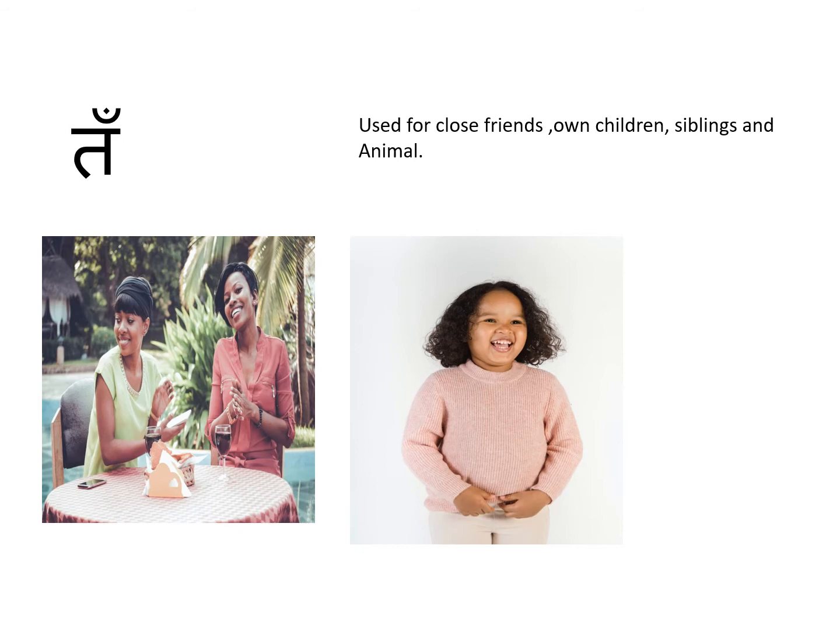Maybe you don't have a chance to use it, because using ta for strangers and children can be disrespectful. I use it for my childhood friends, my own sibling, and sometimes for my animal. But using ta for strangers, they think it is disrespectful. So use it wisely.